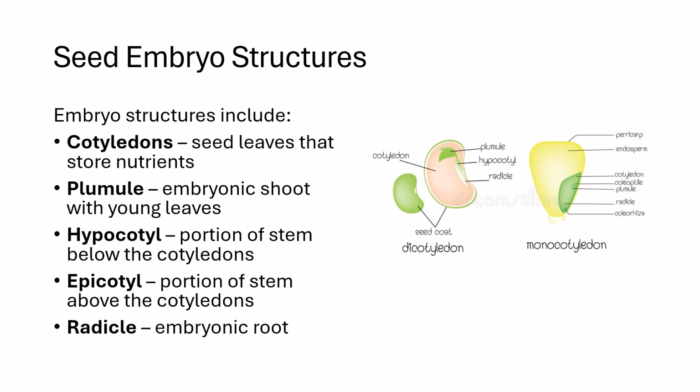The hypocotyl is the portion of embryonic stem located below the cotyledons, while the epicotyl is the portion above the cotyledons, although the epicotyl may not always be obvious until the seed begins to germinate. Finally, the radicle is the embryonic root and is typically the first structure to emerge during germination. As you dissect the bean seed in the next step, use this diagram to help you identify each of these structures.